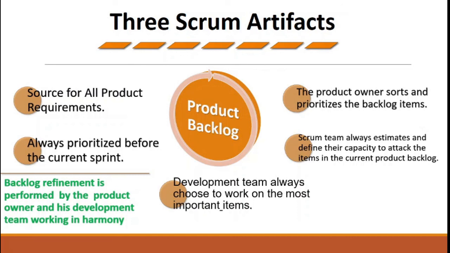In Agile, and under its umbrella the Scrum framework, the requirements keep on changing because you're working in a changing environment. So backlog refinement would be an ongoing activity. Once the sprint is over, the product owner and the team will sit together and evaluate which items in the product backlog now have the highest priority based on the business value and the risks that are associated with those requirements.